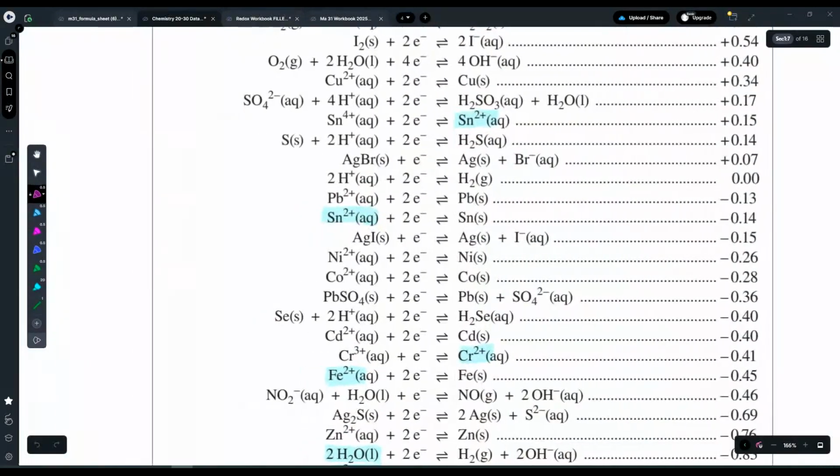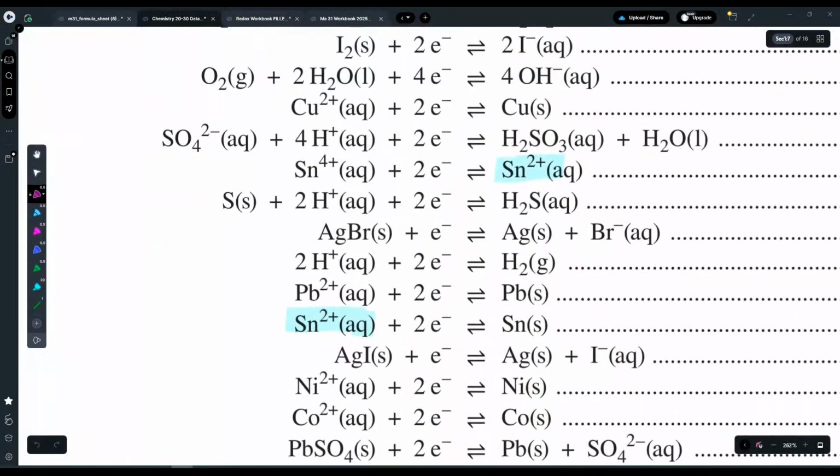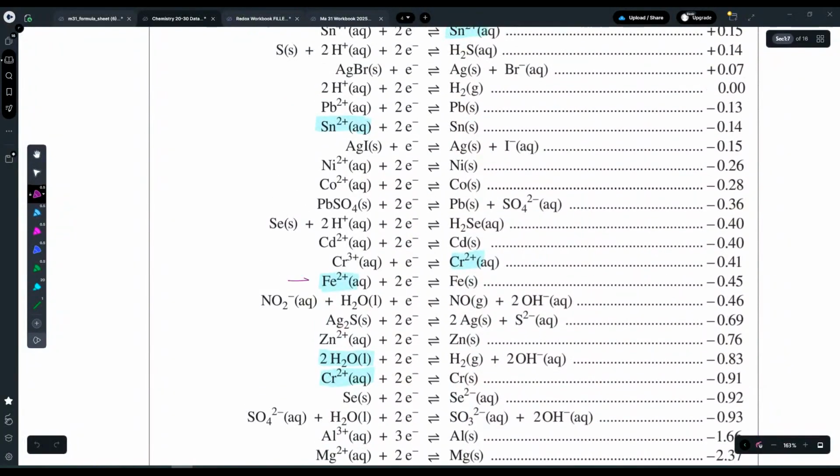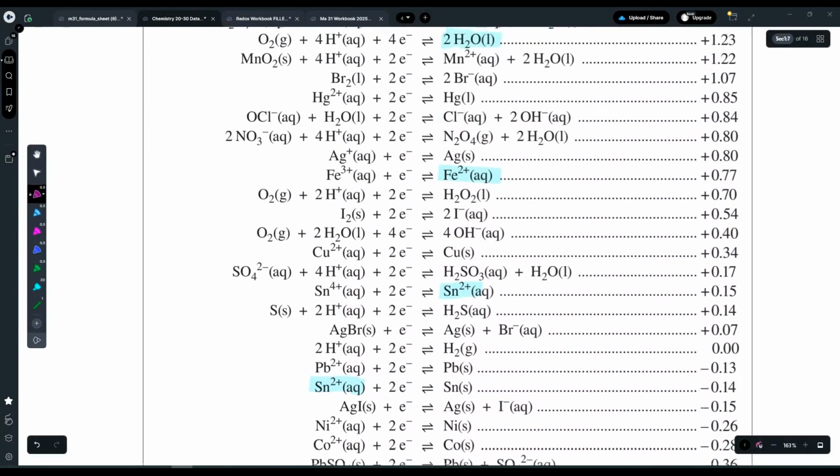Okay, so the chemical species that show up both as an OA and an RA, we have tin, 2+. We have iron, so iron shows up here as an OA and here as an RA. Okay, so those are reactions that I just showed you.